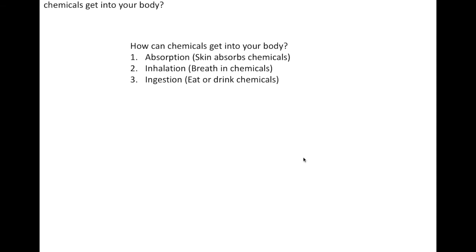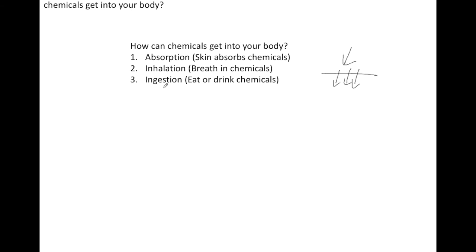Okay, so now let's talk about how chemicals can get into your body. First is by absorption. For example, if some chemicals spilled on your skin, your skin would absorb the chemical, so it'll go into your skin and into your body. Inhalation is when you breathe in chemicals, and ingestion is when you eat or drink chemicals.